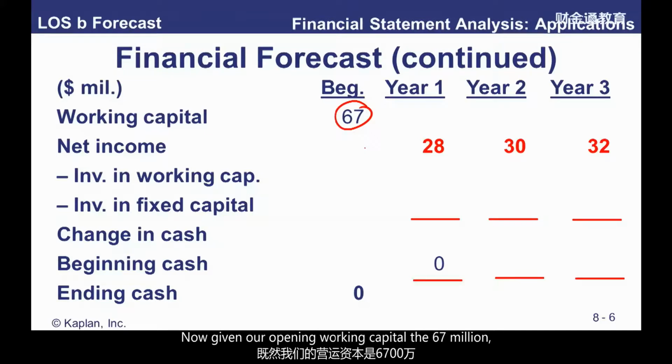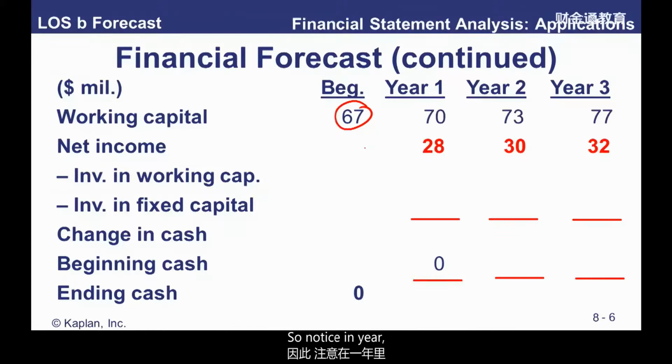Now, given our opening working capital was 67 million, the indication, therefore, is that working capital needs to increase by 3 million to get to the 70 million. So notice there's our working capital projections. Again, notice these are just as a percentage of sales. And remember, we said our assumption here is 70%. So I've just taken 70% of the figures.